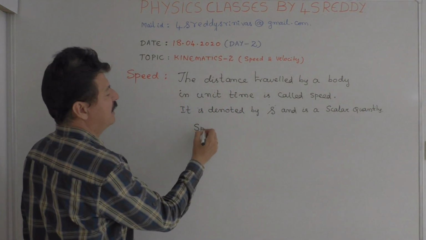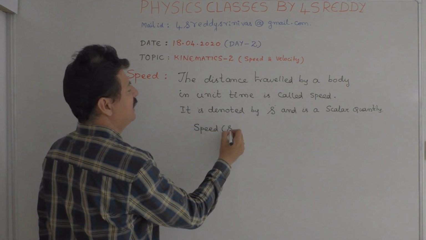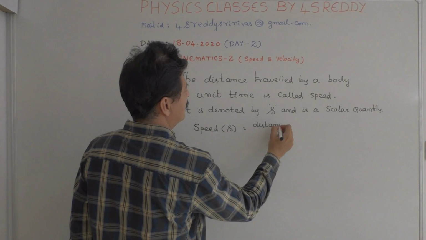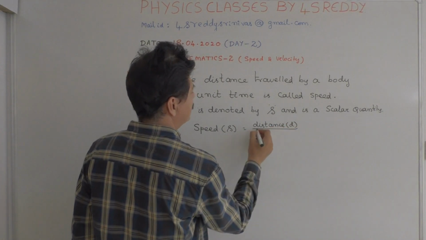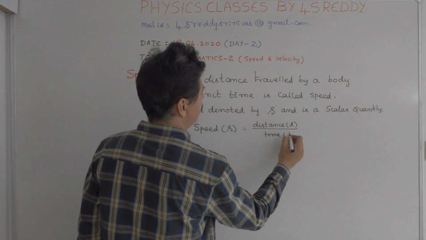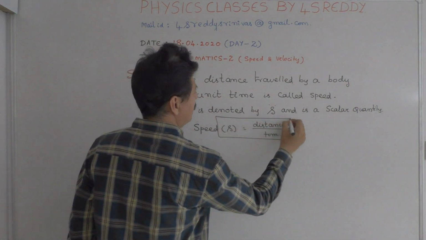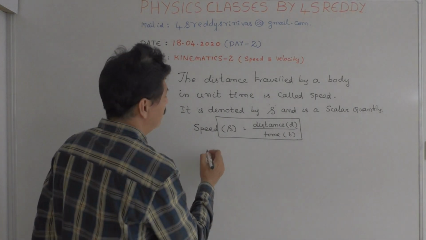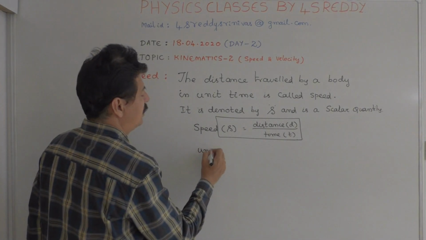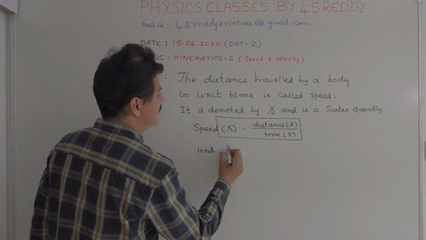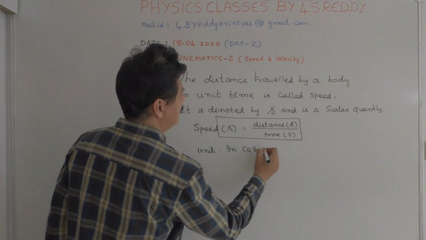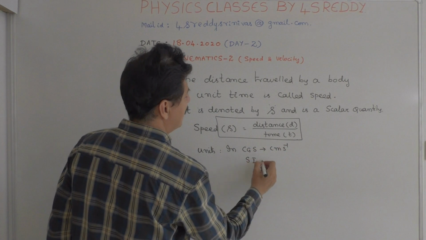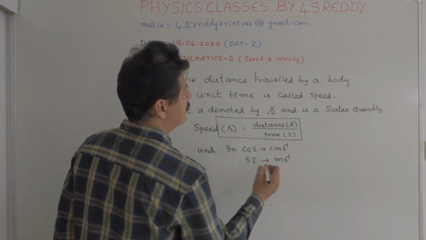Speed s is equal to distance d by time t. This is the formula for the speed. And what are the units? In CGS, it is centimeters per second, and in the SI system, meters per second.